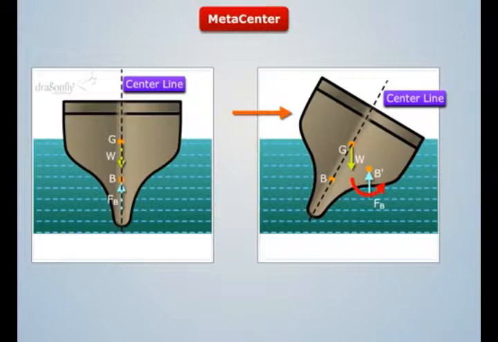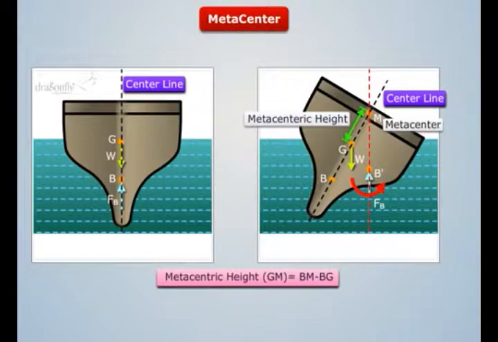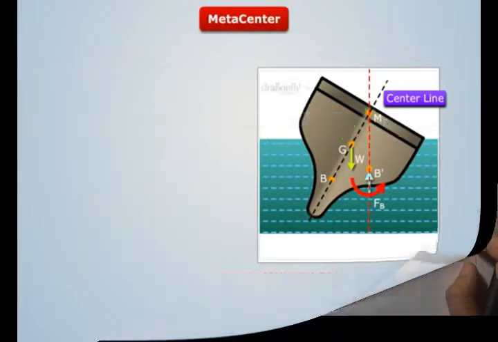Here, the point of intersection of the vertical line through the new center of buoyancy B prime and the center line BG is termed the metacenter of the body, and the distance by which the metacenter lies above the center of gravity of the floating body is known as the metacentric height, which is given by BM minus BG.